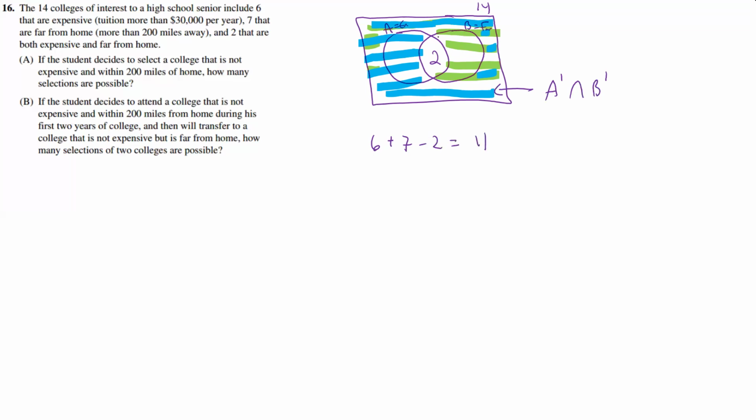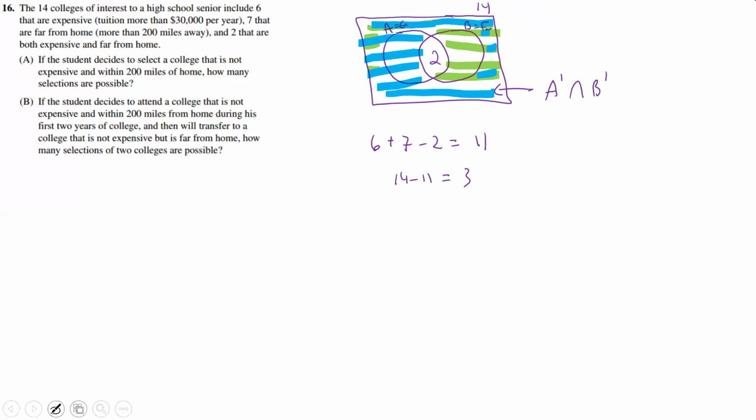So there's going to be 11 within this whole area here. And so how many are out in the outside area? That's going to be 14 minus 11, so that's going to be 3. That's what is in not A and not B.